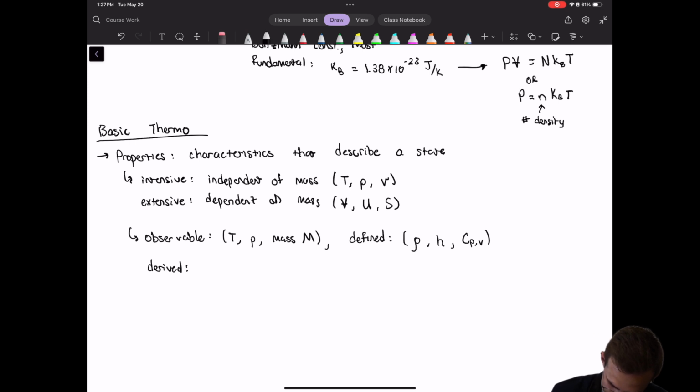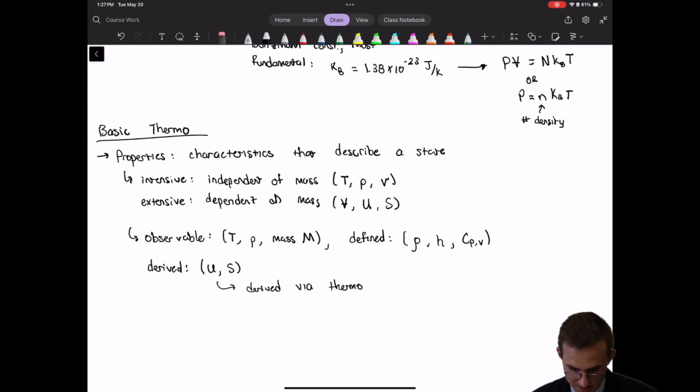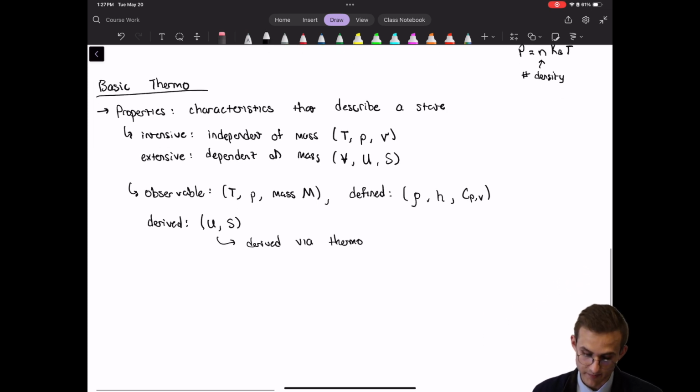And then there are derived quantities, like the internal energy of a system or the entropy. You get these from thermodynamics, using some physical intuition, starting with the fundamental laws and proceeding from there.